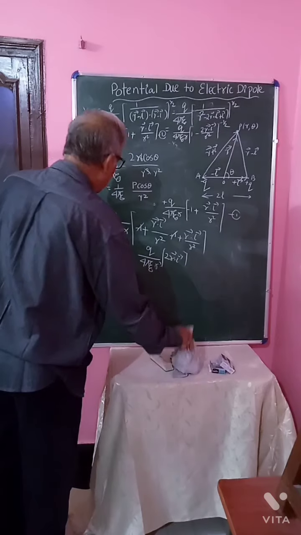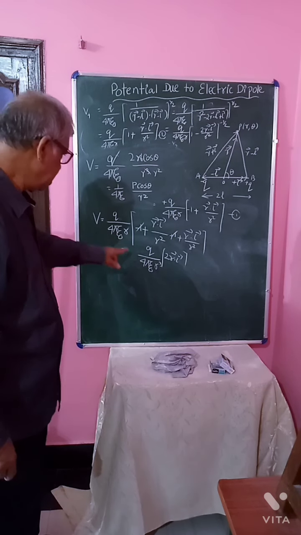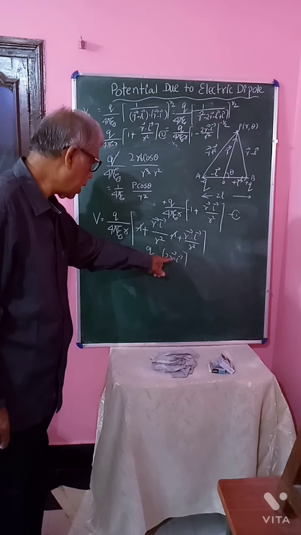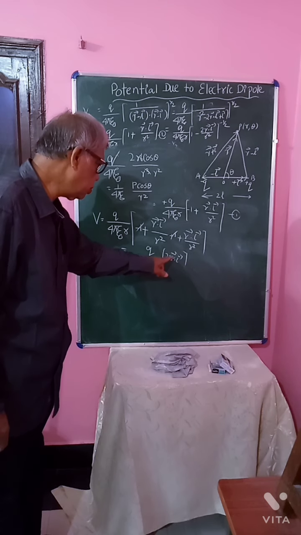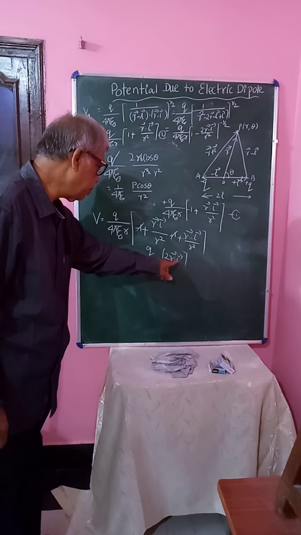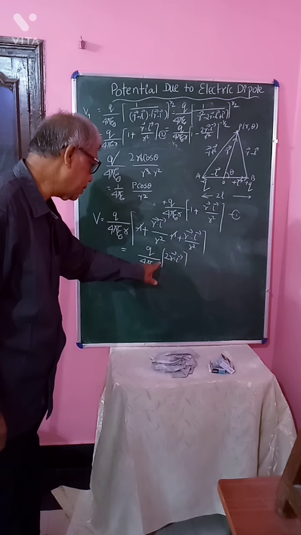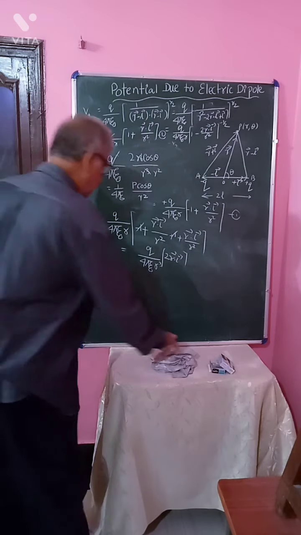Again, the total potential is 1 by 4 pi epsilon 0 times 2 R L cos theta, 2QL is P cos theta, R is cancelled, so P cos theta by R square.